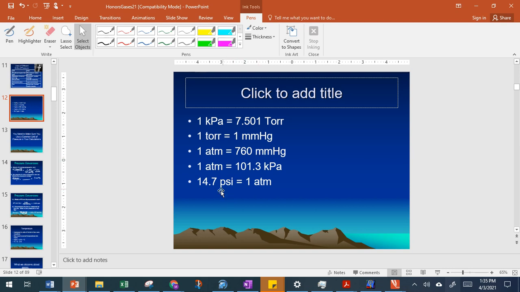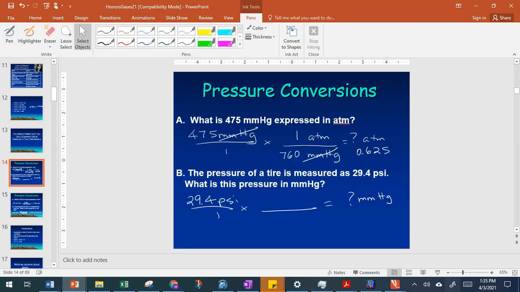So this also tells us, let me write this in, that 14.7 psi is equal to 760 millimeters of mercury. So we can make that argument given the information.